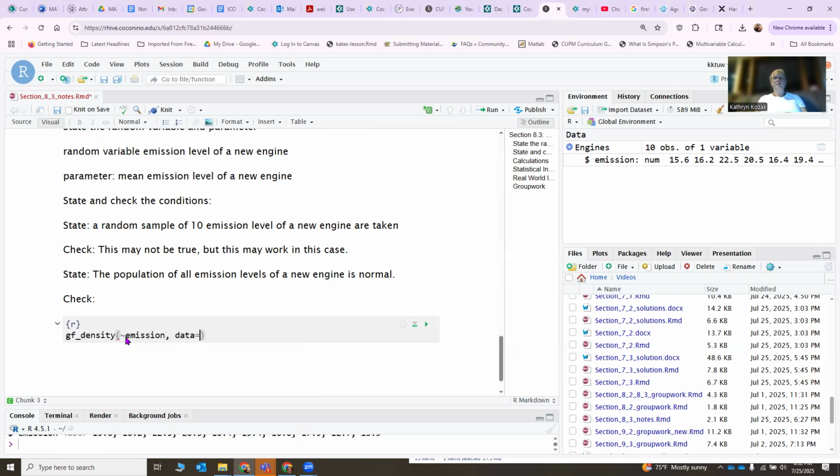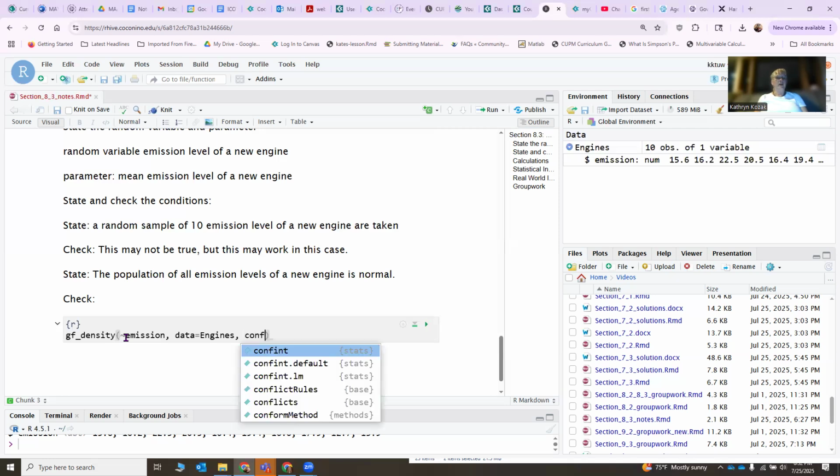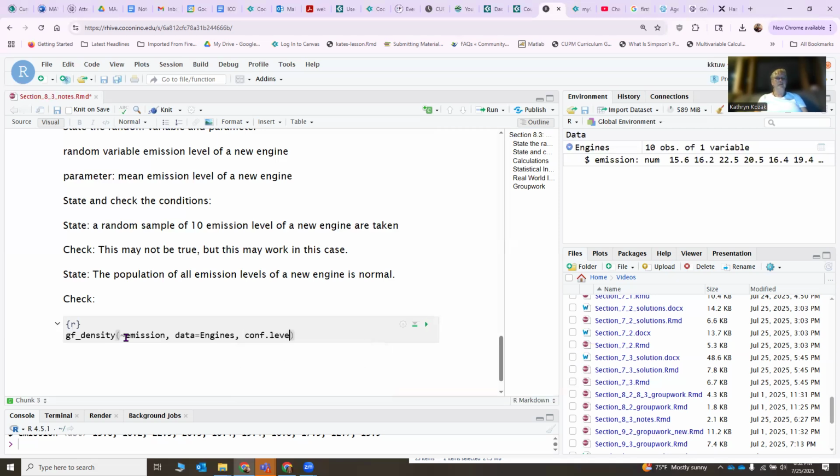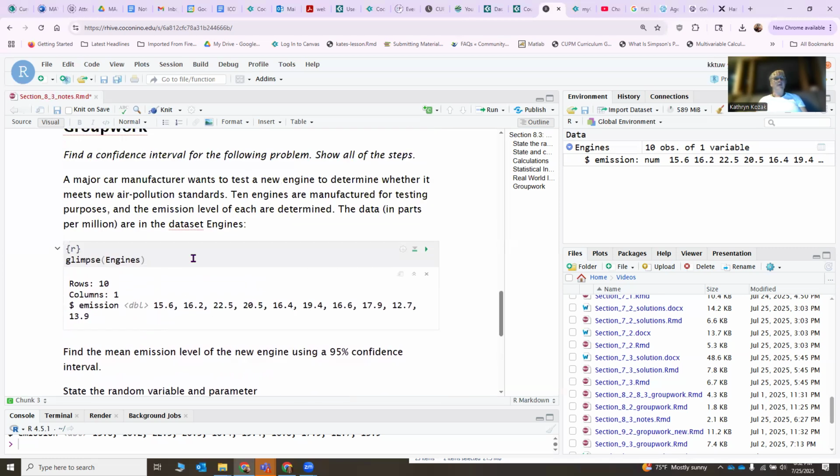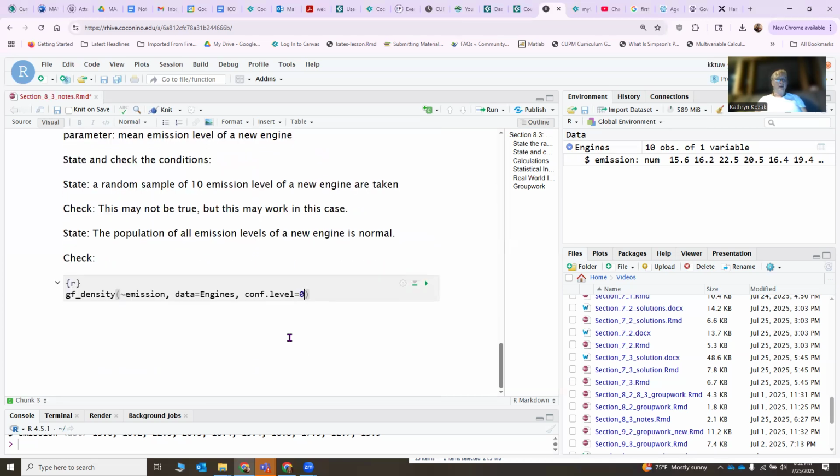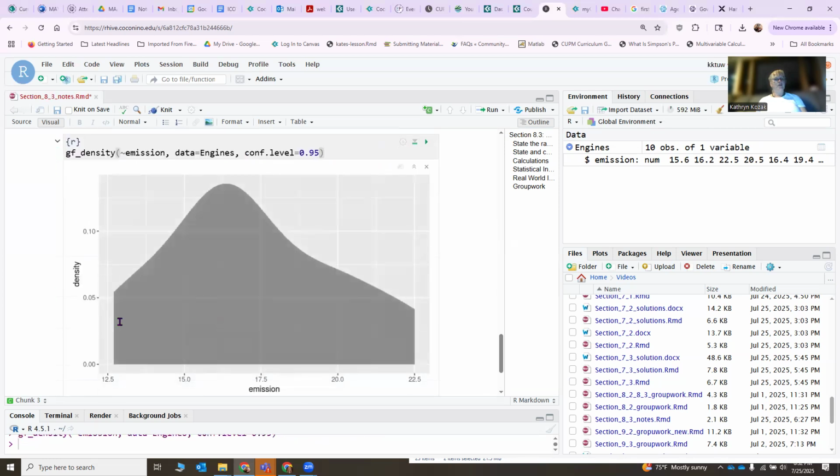And data is equal to engines, because that's where the data set is. And then we don't know what the mean is. We don't need the mean, but we do need the conf.level. And it wants us to do this at a 95%. So we'll do a 95%. Again, 95 is kind of the default, but it's always good to put it in there. Just make sure you don't forget to do that when it's not the default. Run it. Oh, wait, sorry. We don't need the conf.level on this one because this is a density plot.